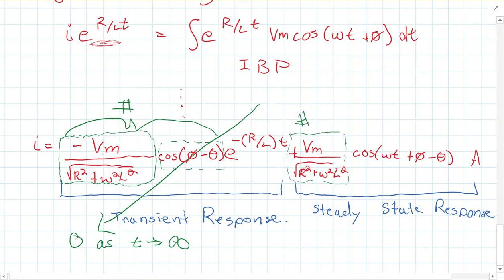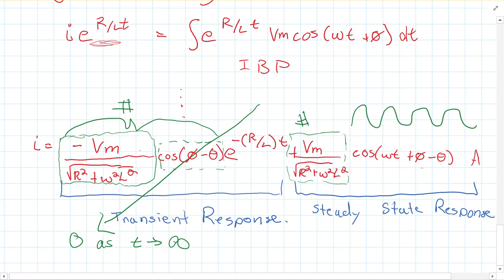Same reason, that's just what's sitting over here even. And then we have cosine omega t plus phi minus theta. Now these are just phase shifts on the graph of a cosine function. So wait, I have a number times a cosine function. We know that a cosine function does that forever, right? Just goes up and down forever.